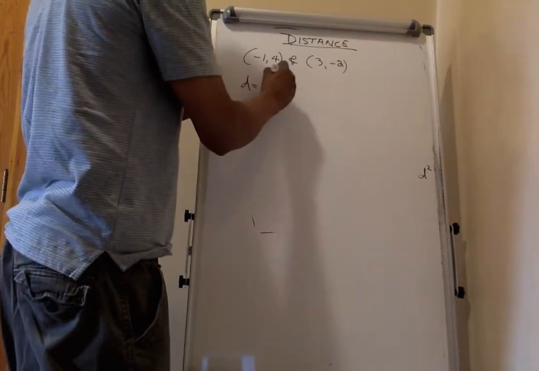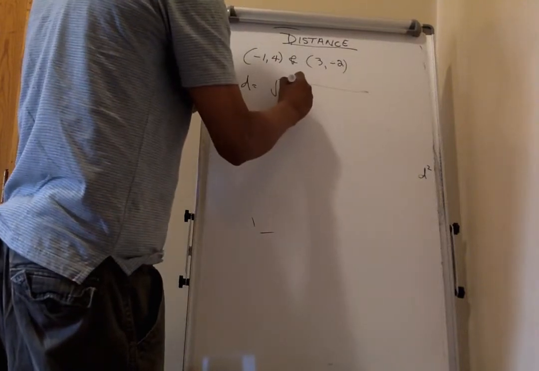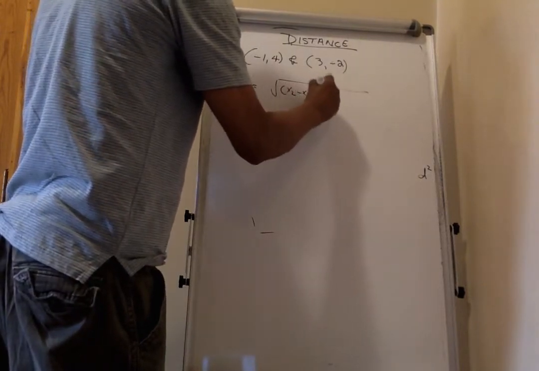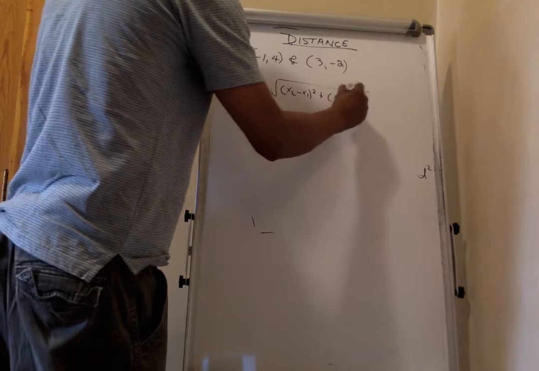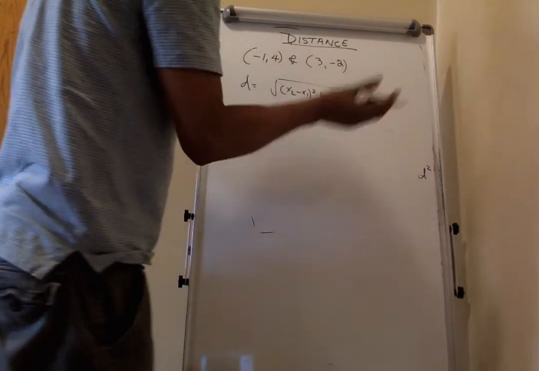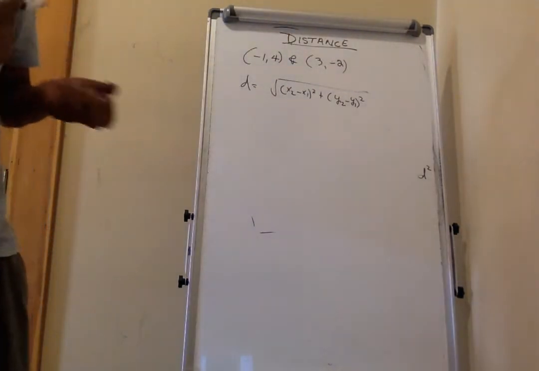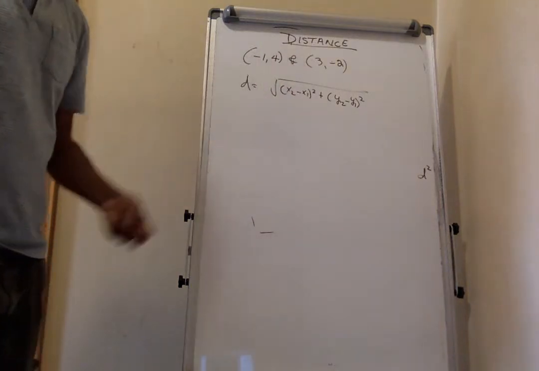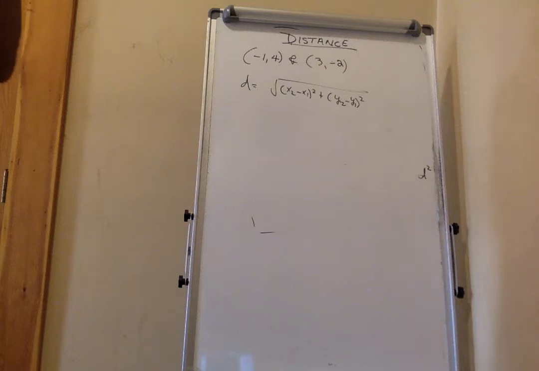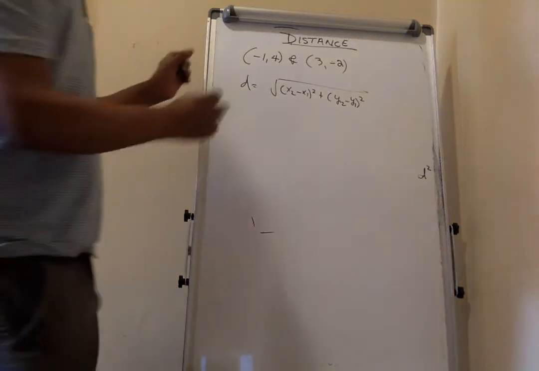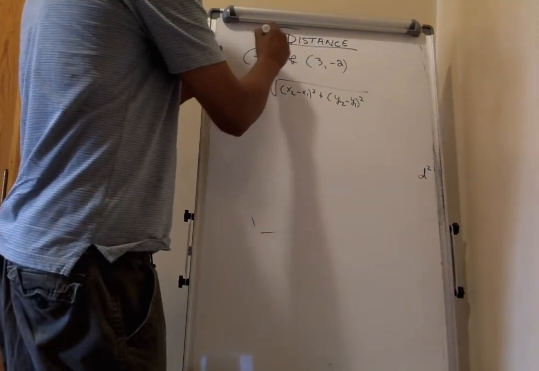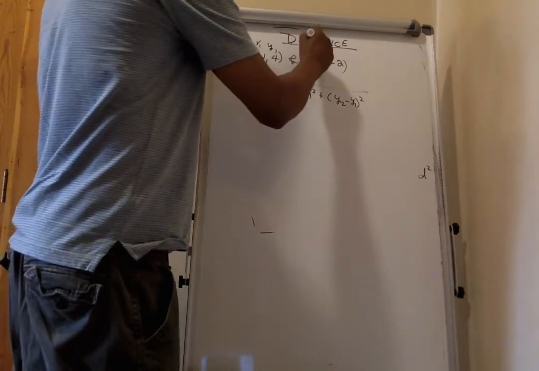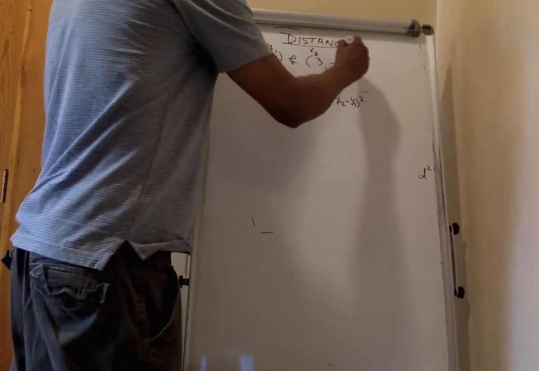Use the distance formula, x2 minus x1 squared plus y2 minus y1 squared. By the way, you can reverse it. You can say x1 minus x2 squared and y1 minus y2 squared because you are squaring it. It doesn't change its value. So this is your x1, y1, this is your x2 and y2.